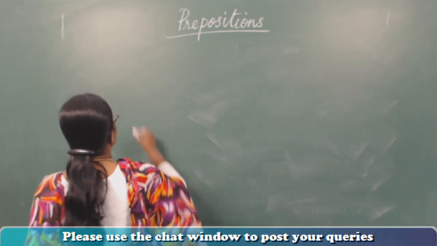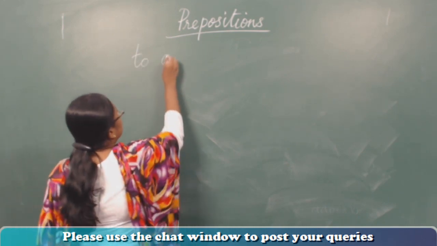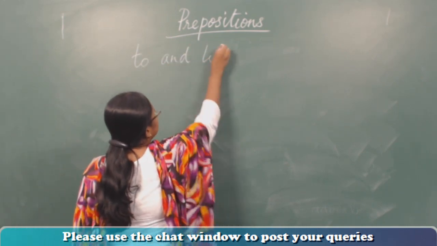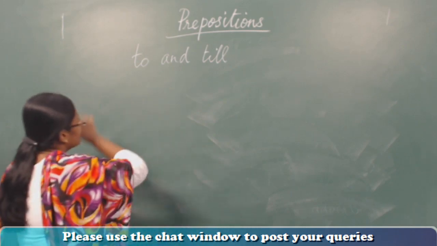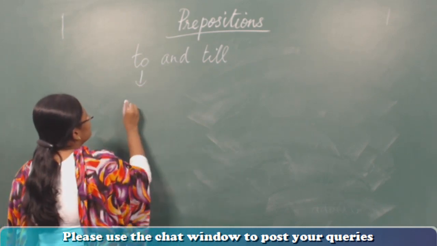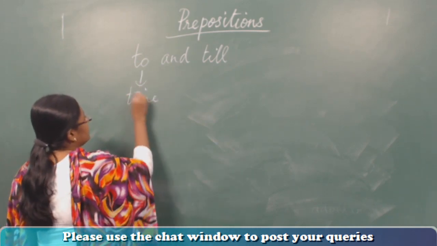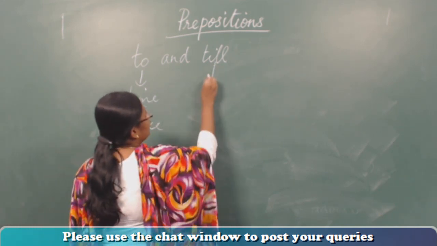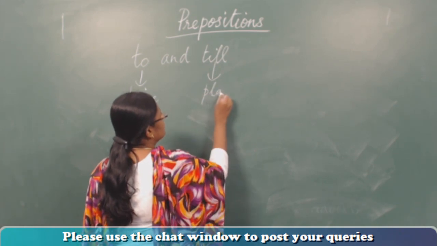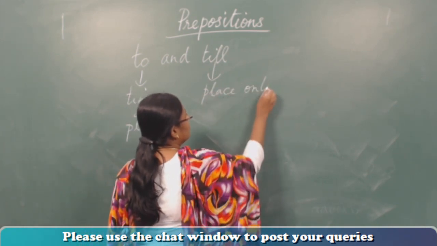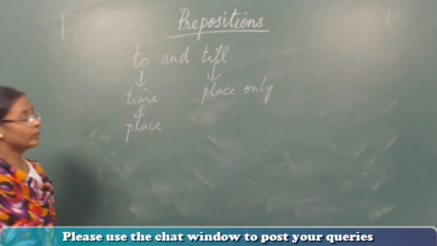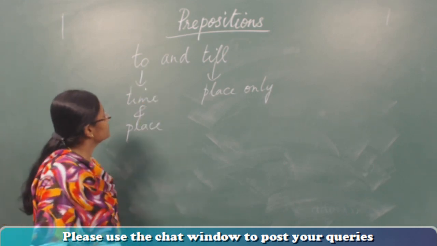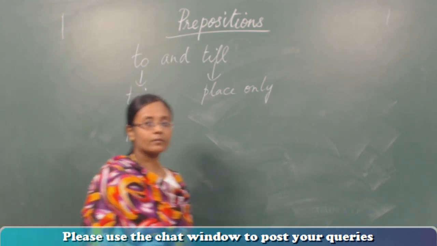And you see how we use to and till. To we use both for time and place, whereas we use till only for time. Can you think of sentences where we use to talking about time?